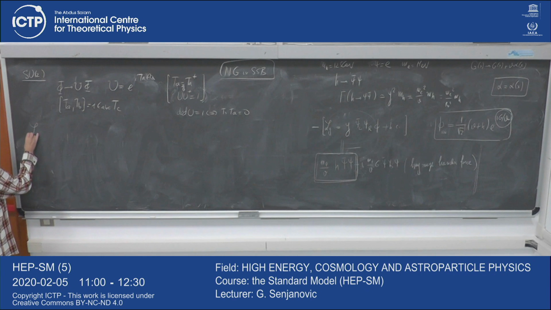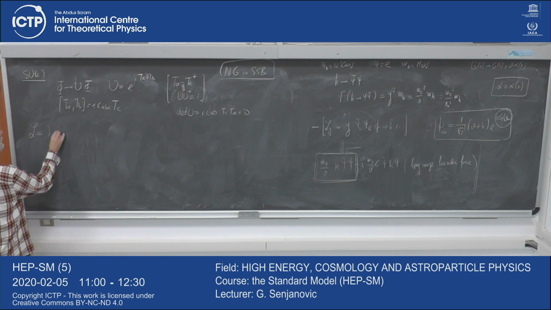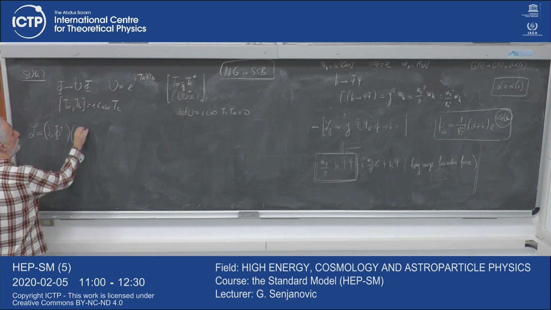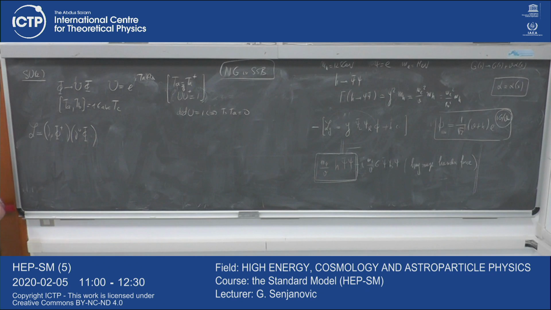I need to write a Lagrangian. How will it look like? It's embarrassingly trivial. I'm always writing one of the same Lagrangian. I feel like a dummy. Well, we keep uncovering things in spite of the simplicity.